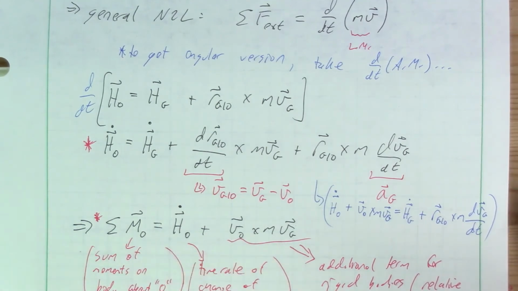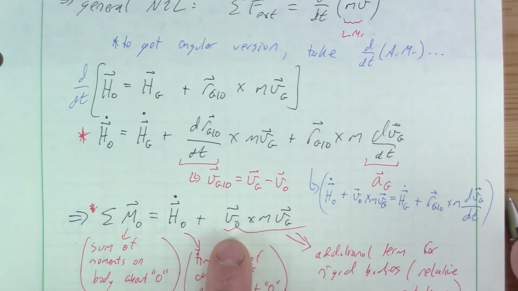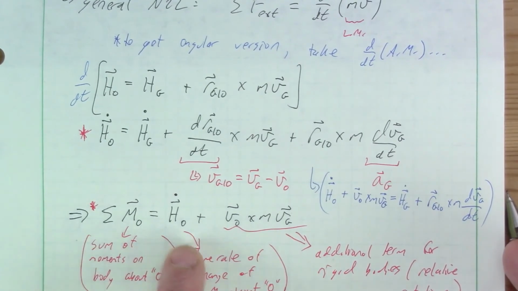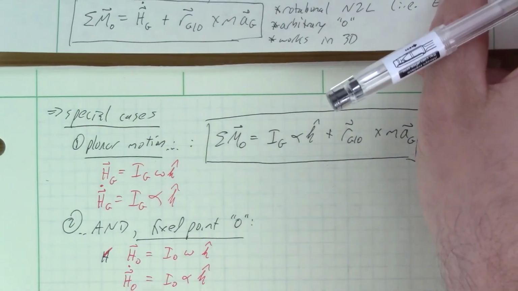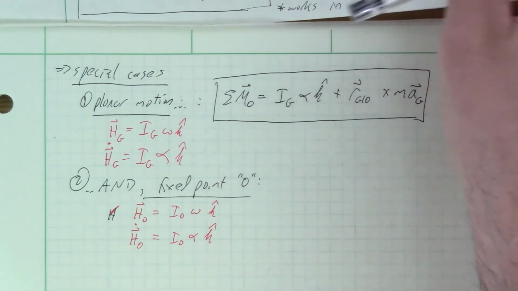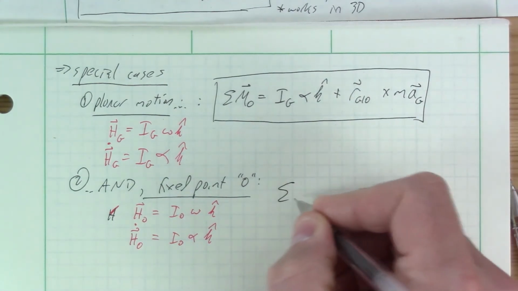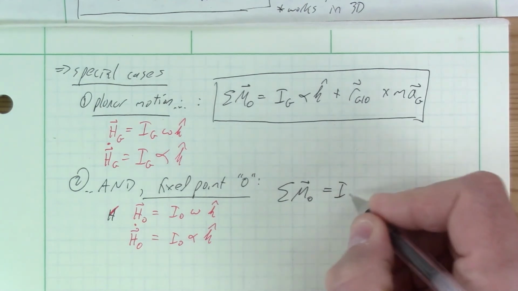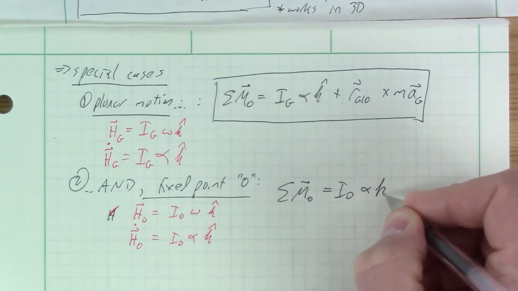And if it's fixed, then this is just 0. Basically, if it's fixed, v naught is 0. The point O is not moving. So then we just get the sum of the moments is just this moment of inertia about point O times the angular acceleration. So that's a nice, convenient form if we can say our point of analysis is fixed, not moving itself.